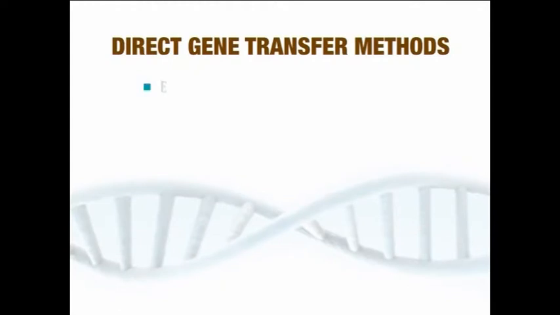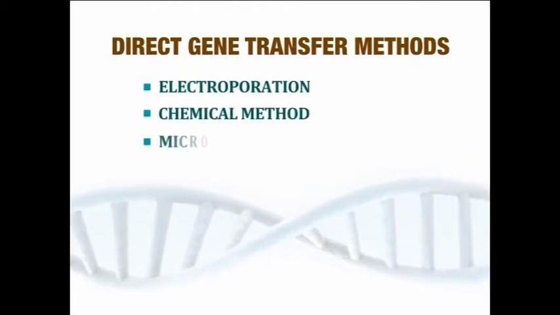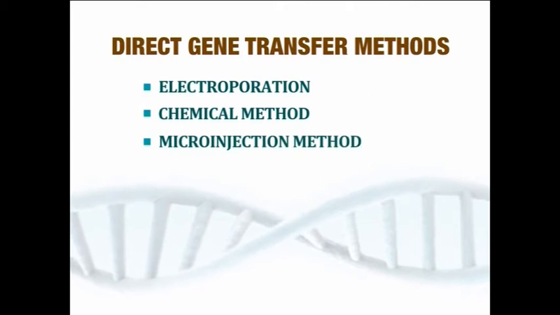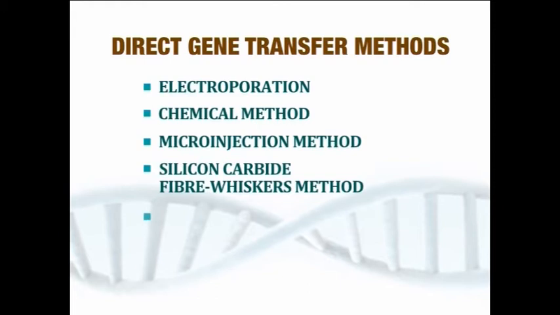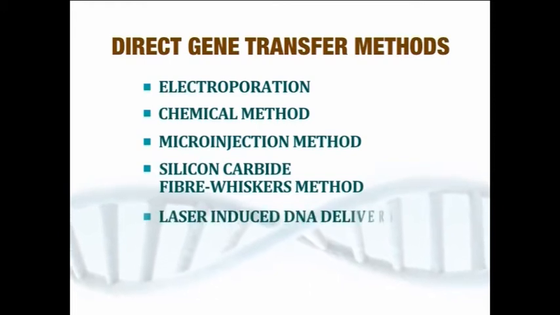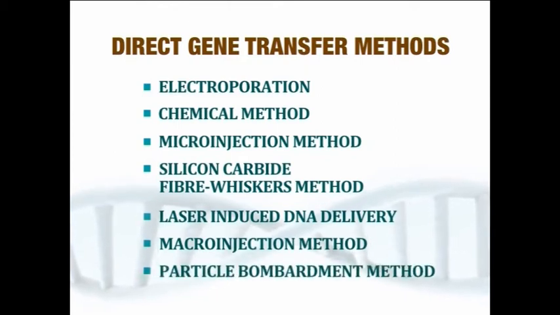Several direct methods developed which are now employed for the successful transformation of plant cells are electroporation, chemical method, microinjection method, silicon carbide fiber whisker method, laser-induced DNA delivery, macroinjection method, and particle bombardment method.